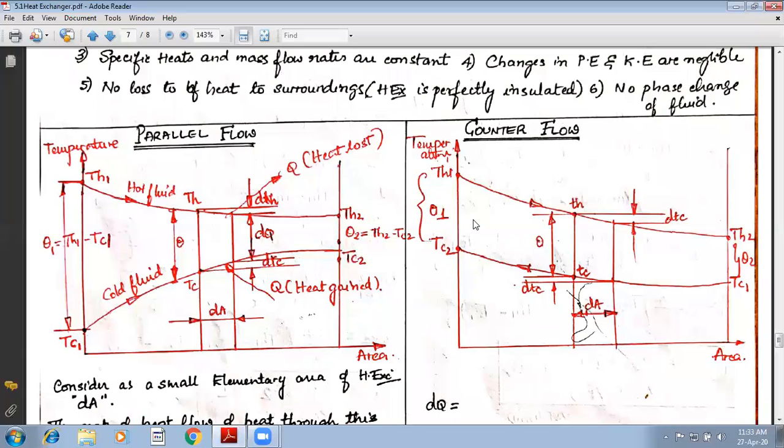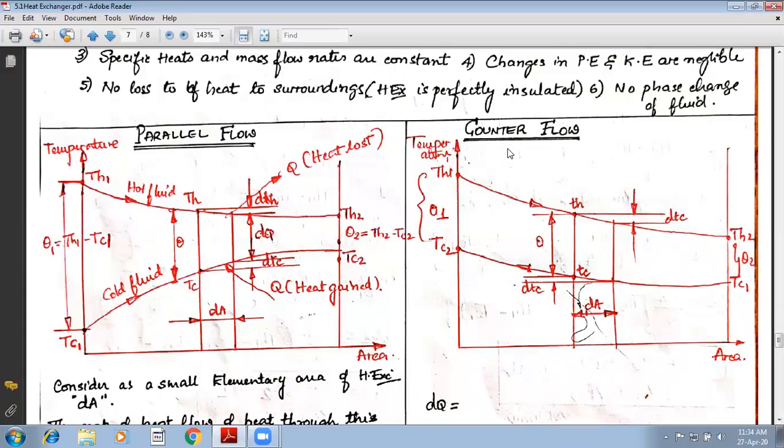We have already discussed in case of parallel flow heat exchanger, hot fluid as well as cold fluid move in the same direction. You can see here the hot fluid is moving from left to right. Similarly, the cold fluid is also moving from left to right. So when they are moving in the same direction, we call that as parallel flow.